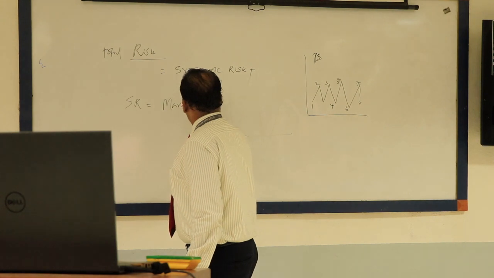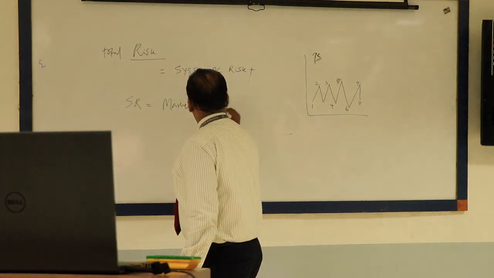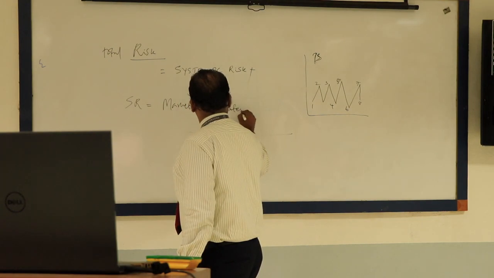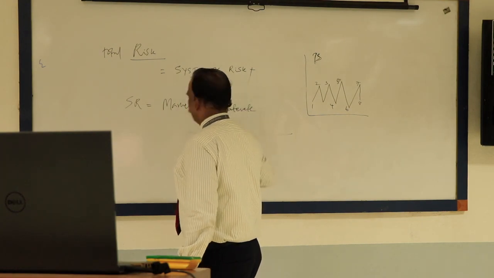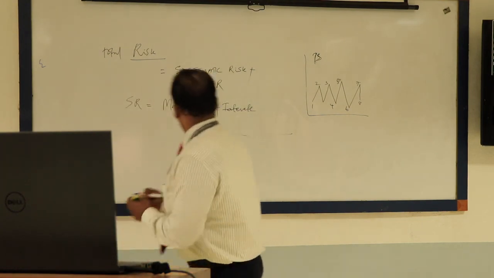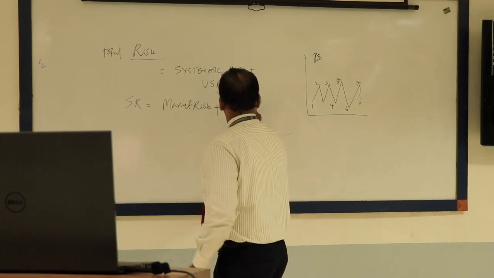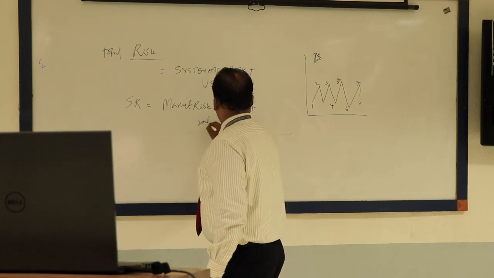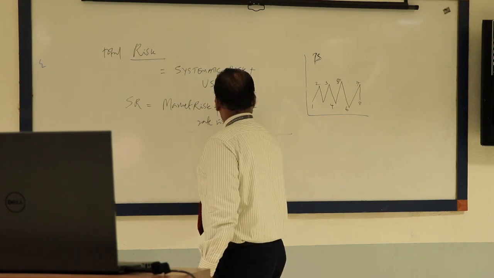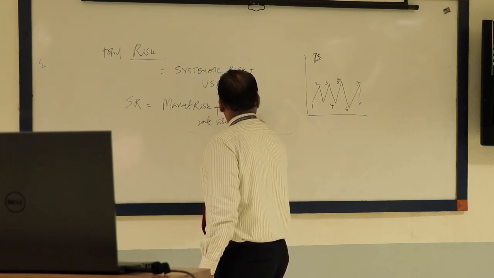Systematic risk is the combination of market risk plus interest rate risk plus purchasing power risk.